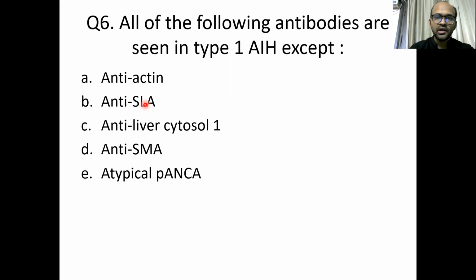In type 1 only, we have a subset of patients who have anti-SLA antibodies, and those patients have a poor prognosis. Liver cytosol 1 antibodies and LKM1 antibodies are actually present in type 2 autoimmune hepatitis, right? The rest can all be seen in type 1: anti-actin, anti-soluble liver antigen, anti-smooth muscle antigen, and atypical P-ANCA.